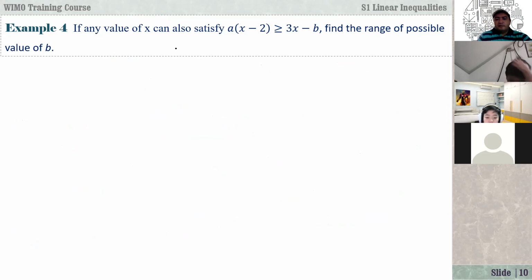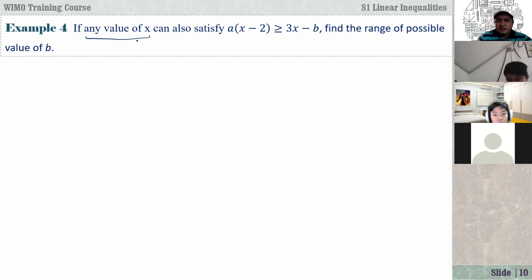If any value of x can satisfy a times (x minus 2) is greater than or equal to 3x minus b, find the range of possible values of b. What do we understand from this inequality? It's saying any value of x, that's the keyword.